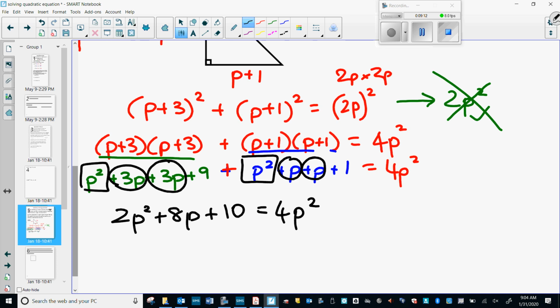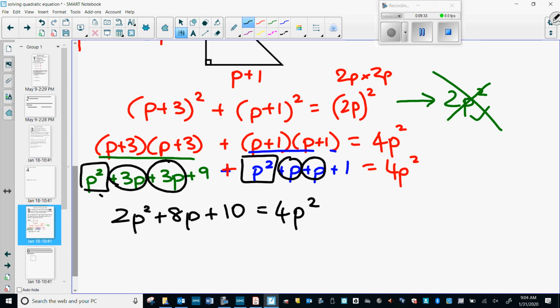But what did we say has to happen when we're solving quadratics? It has to equal 0. So does this equal 0? No. But can we rearrange it so that it does? Yes, because all we have to do is get rid of something from one of the sides.